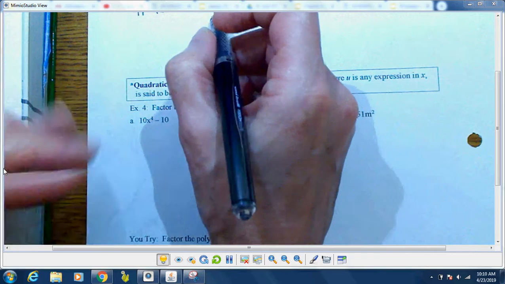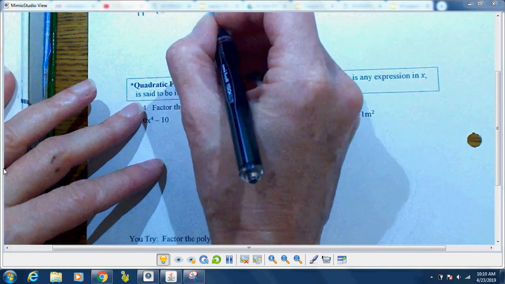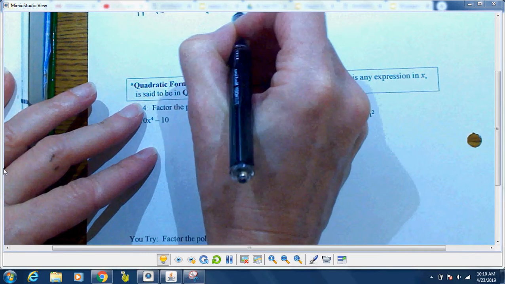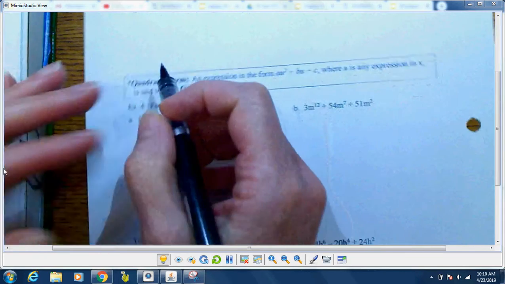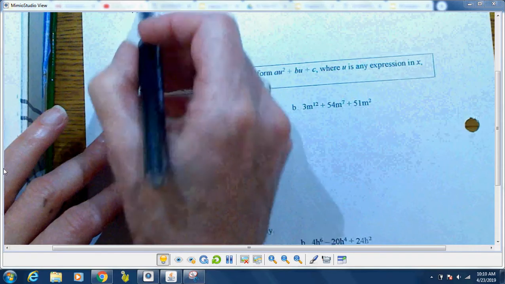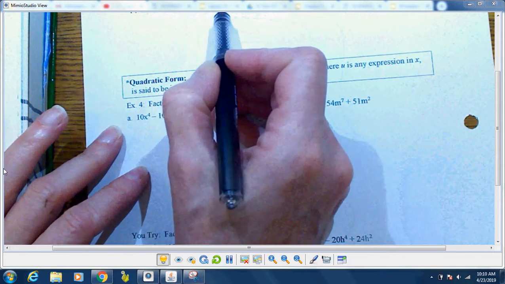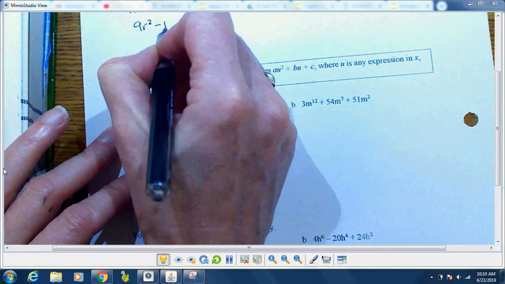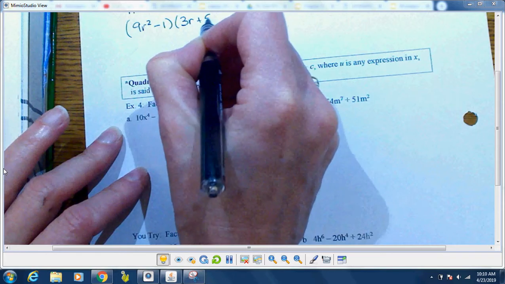That's a lie. I'm not going to do that. Actually going to take out a negative 1, so minus 3r plus 5. Okay, so that's technically a 1 there. Okay, so 9r squared factored out of these two. Negative 1 factored out of those two. So what I really have is 9r squared minus 1 times 3r plus 5.